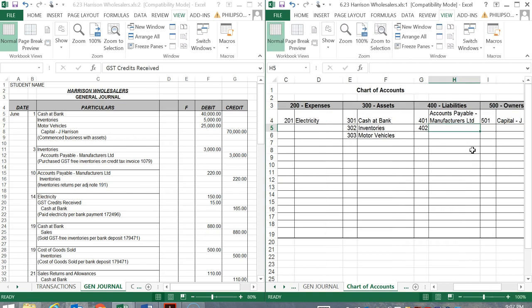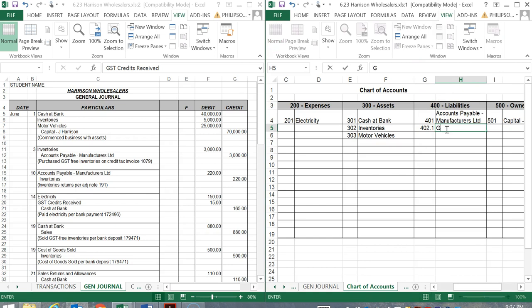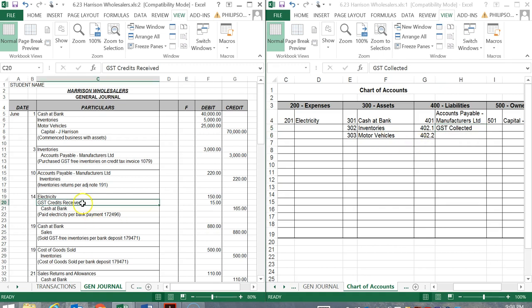402.1. I'm just going to widen that. I'm going to put in here GST collected. So GST we would typically put after accounts payable in our chart of accounts and before any other loans or anything like that. Okay, so we know that we're going to have GST collected and GST credits received. I'm only up to here, but I know we've got GST collected, so I'm just putting it in now.